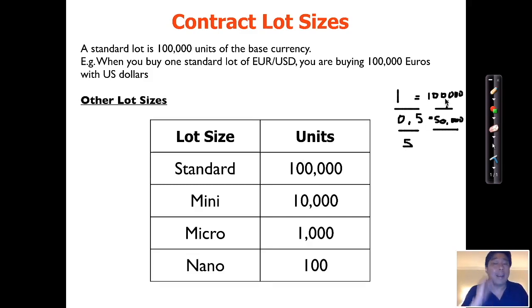So for Interactive Brokers, you key in 100,000, not 1, because if you key in 1, they just buy $1 US. So you have to know the broker you're using, whether you key in lot size or the number of units. That's really important. But like I said, for most MT4 brokers that you'll be using, you key in by lot size, all right?